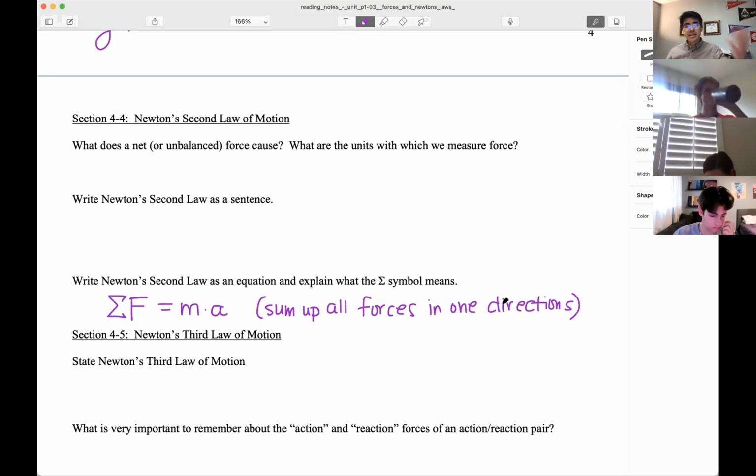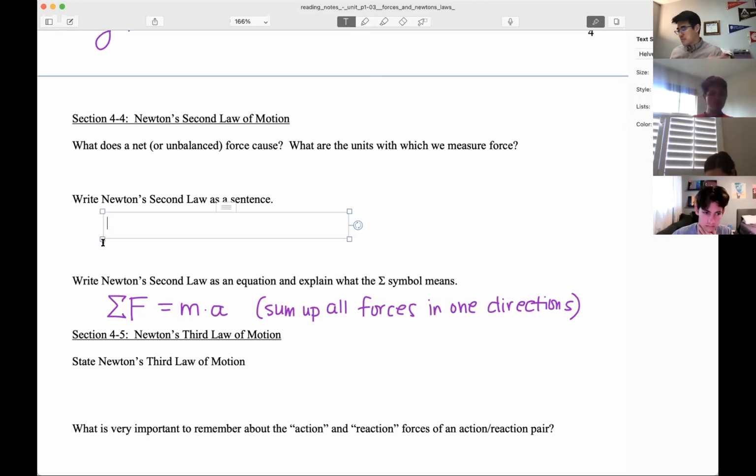Yeah, so that's the easy part. Now, how are we going to write it in a sentence? Because sometimes they may need you to explain it. What is Newton's second law in a complete sentence? And don't say mass times acceleration.